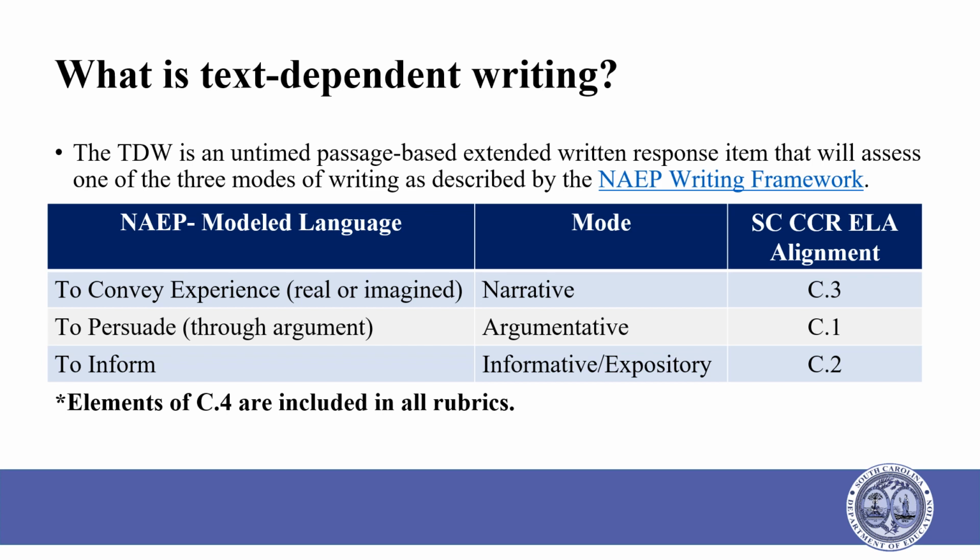Students in English 2 will also be writing in either the argumentative mode or the informative mode, and their purpose, like grades 7 and 8, will either be to persuade through argument or to inform. As you can see in the table, each type of TDW item aligns with one mode of writing and includes elements of Written Communications Standard 4.